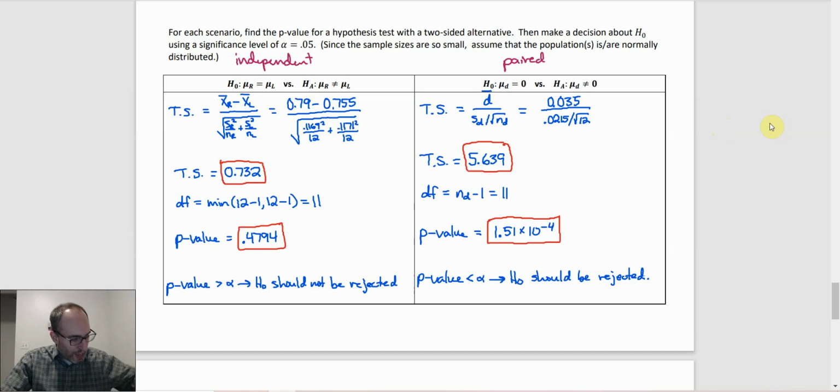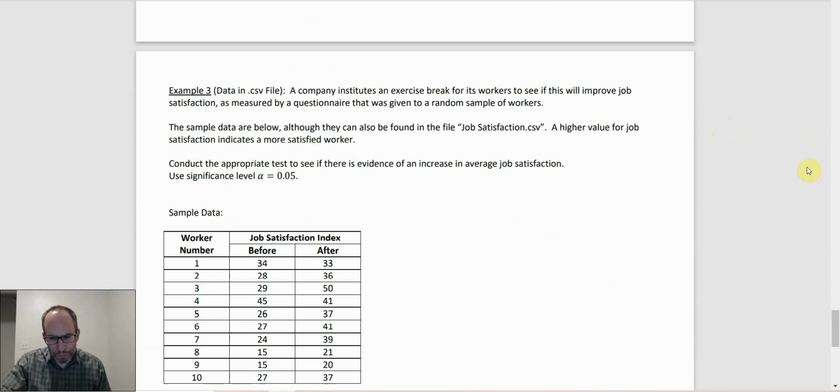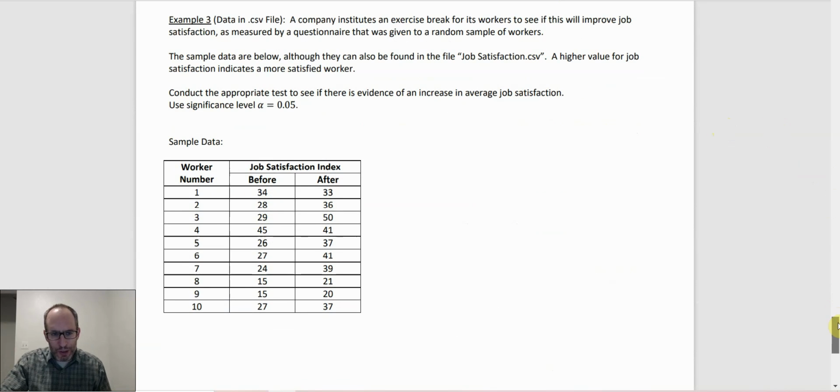But then the last thing, and there's actually a bunch of this in the homework, where you have to import the data. I know there's a button you click in the homework and it pastes directly into StatCrunch. But we'll do it from a CSV, because if you can do it from a CSV, then you can definitely do it from StatCrunch. All right, so a company institutes an exercise break for its workers to see if this will improve job satisfaction.